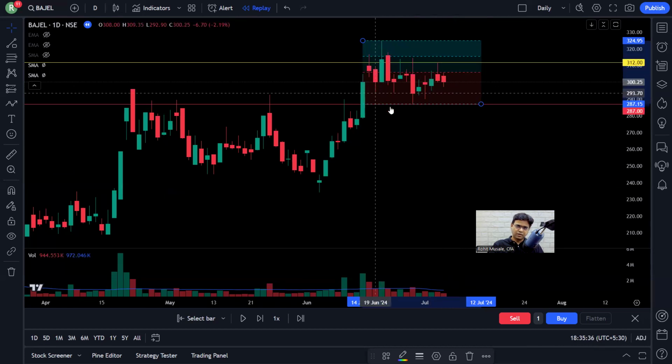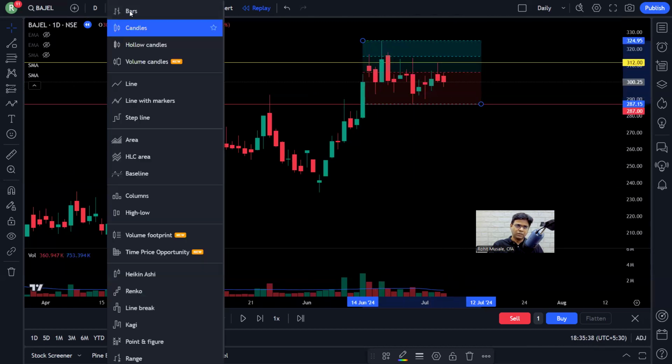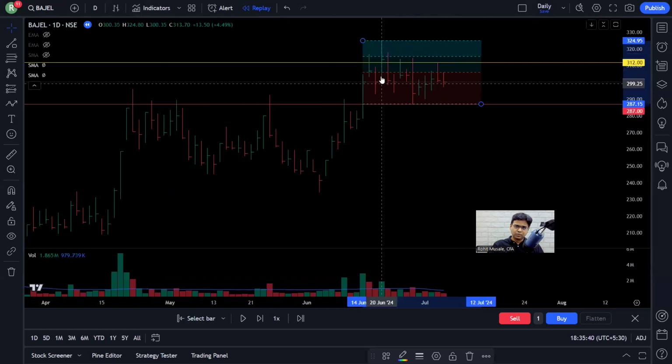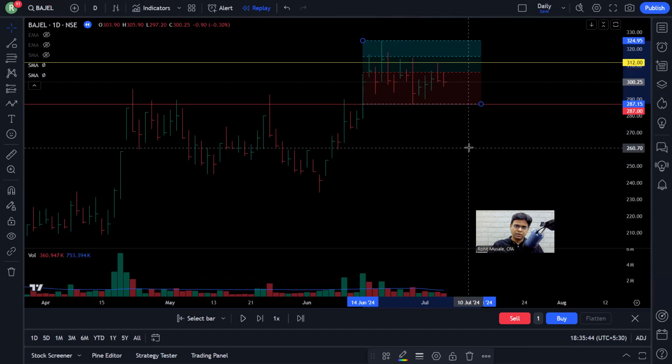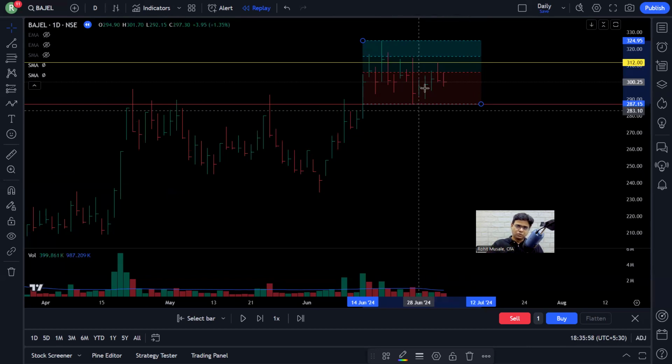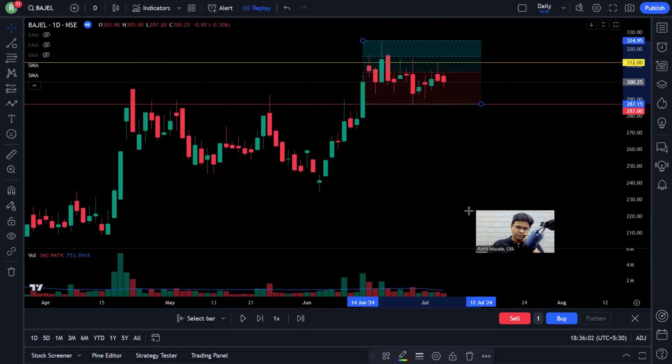After this, every closing is below this red line, which is the midpoint of the base. That's a negative sign. That tells us that even if we get into the stock, we need to be cautious. Or even if we get into the stock, we should play it for a shorter move, not for a longer move. So if we pay attention, the base gives us a lot of valuable information.